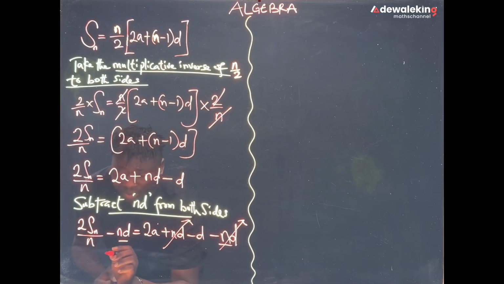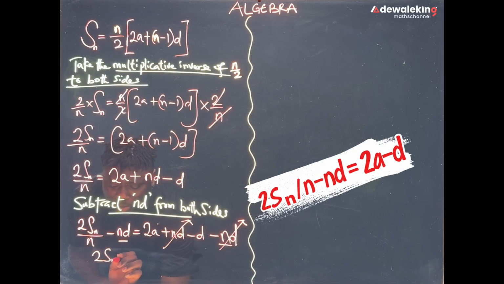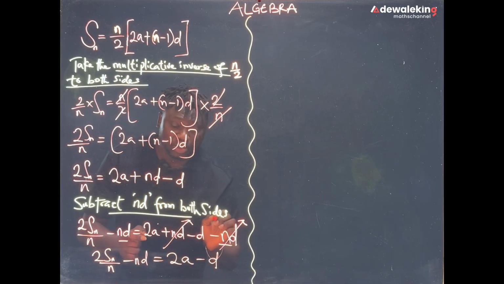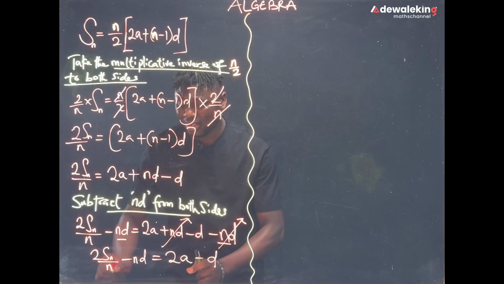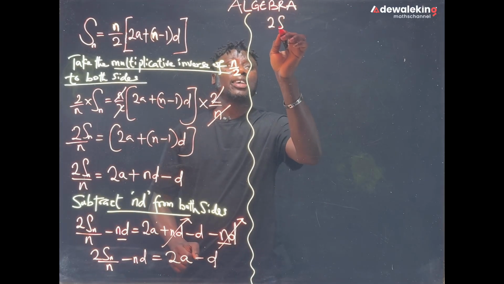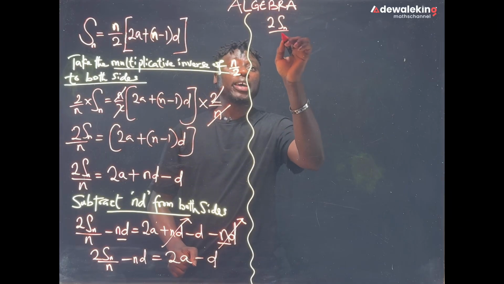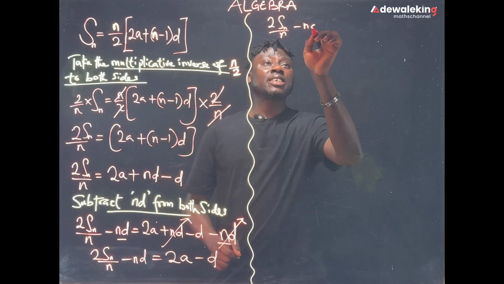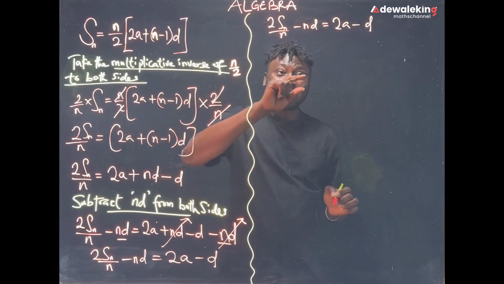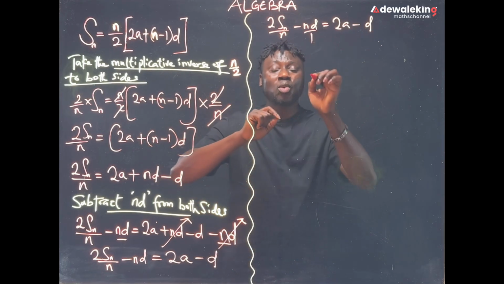So we will have 2S subscript n over n minus nd to be equal to 2a minus d. So this is what we'll have after we subtract nd from both sides. So this equation is the same thing as 2S subscript n over n minus nd to be equal to 2a minus d. So this equation is something as over 1.